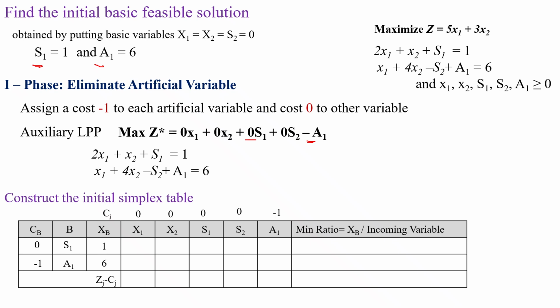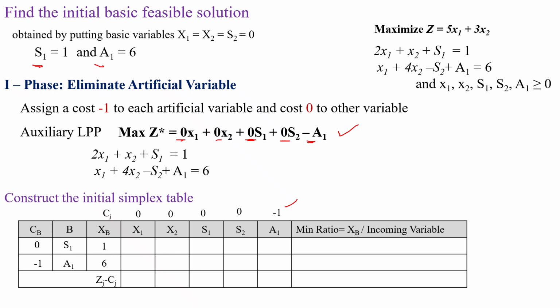And Cj is the cost coefficients for the decision variables, slack and surplus variables and also for the artificial variables. For this, I have to observe the new objective function. So here observe the cost coefficient values. For x1 it is 0, for x2 it is 0, for s1 0, for s2 0 and for a1 -1. Next, write down the coefficients of the variables by observing the constraint equations.